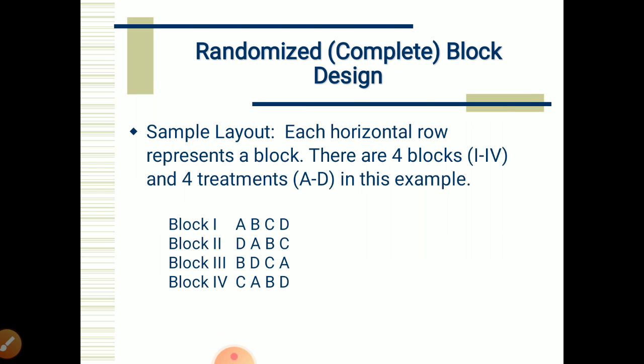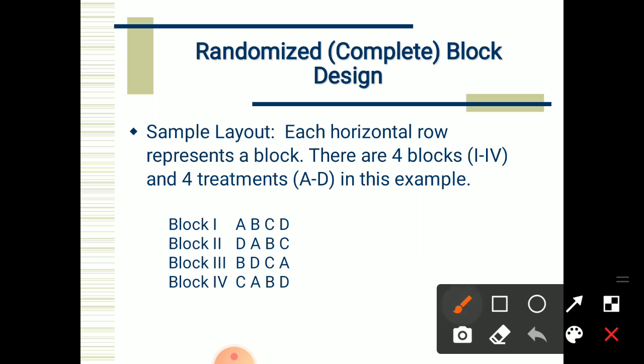Let us look at one of the designs, this simple layout that has been given here. Each horizontal row represents a block: block 1, block 2, block 3, block 4, and we have 4 treatments.